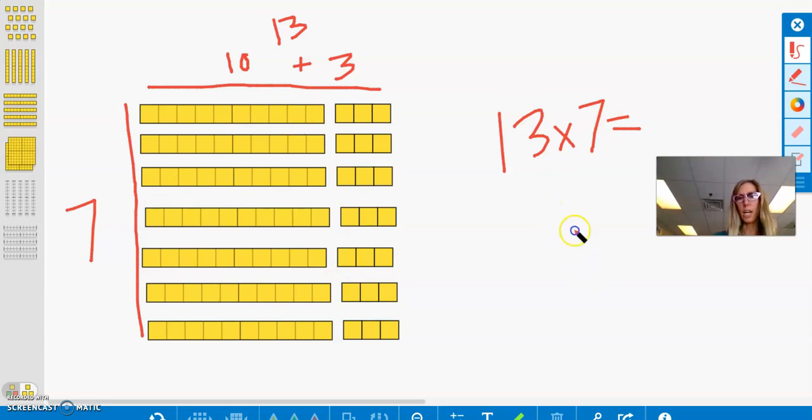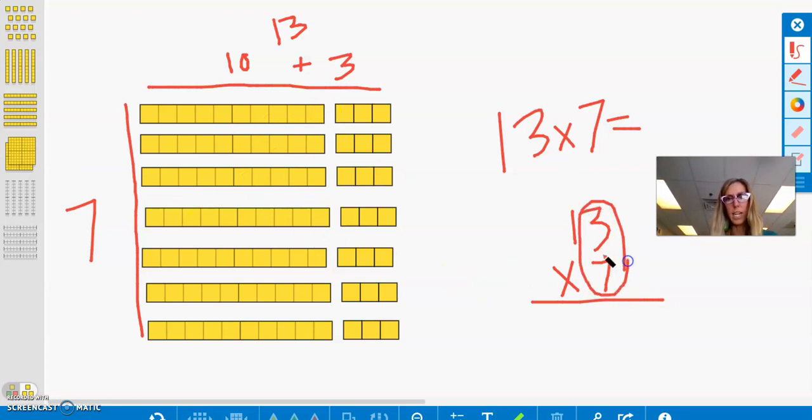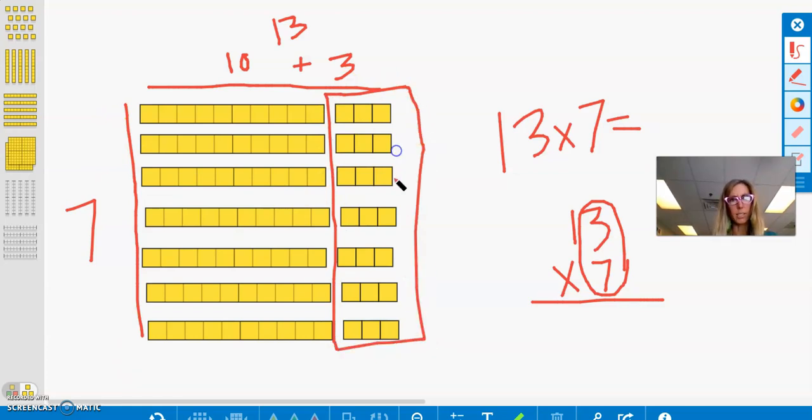So I could set it up vertically also to work through the algorithm at the same time here and see that what I'm doing is actually over here. So if I start here, I do 7 times 3. Do I see a 7 by 3 over here? Yeah, 7 by 3 right here. This is this chunk. So actually that's what it tells us, how much are in here.